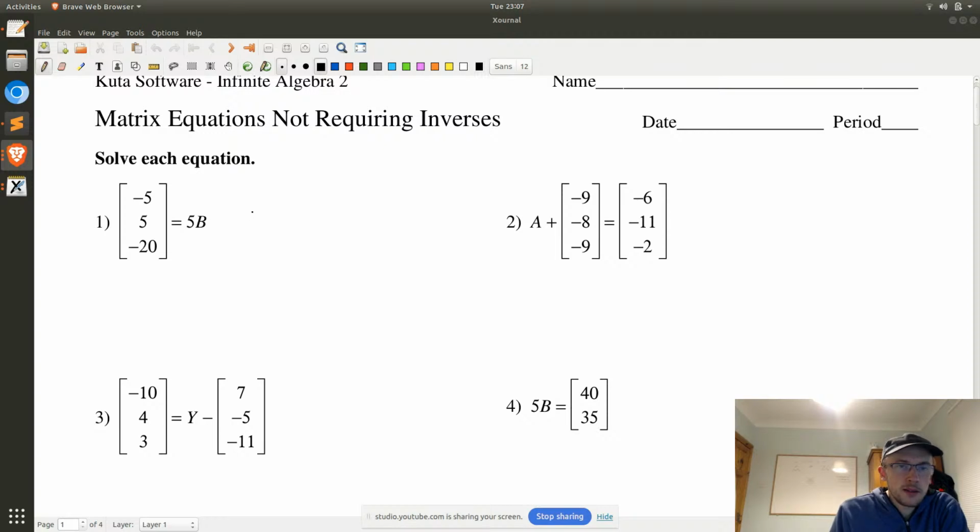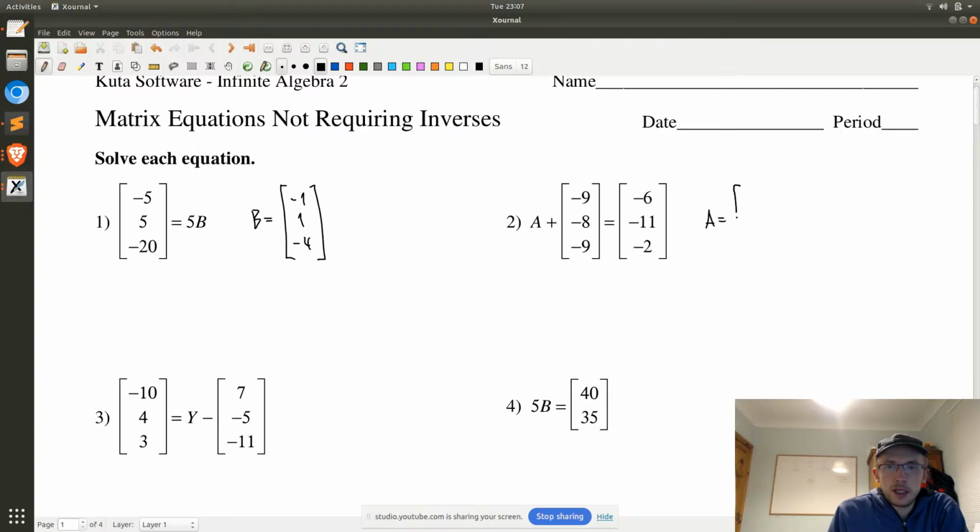Okay, so B has to be a column matrix, and it has to be a fifth of this. So -1, 1, -4. A has to be a column matrix, and it has to be that column matrix on the right, take away that column matrix there on the left. In other words, what do I have to add to -9 in order to get -6?